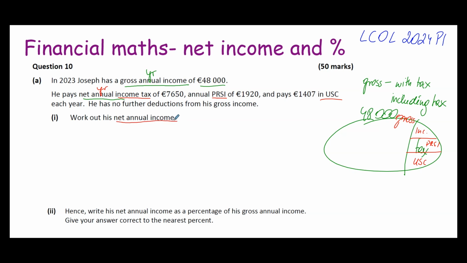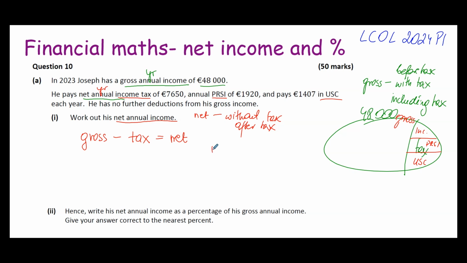So again, net means without tax, or after tax. And gross means before tax. So how does it work? When you have gross, from that you take away tax, you get net.